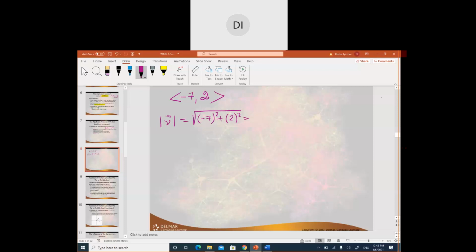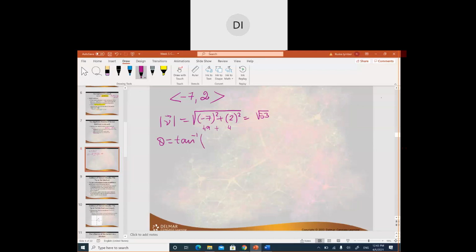So I have 49 and 4. When you add 49 plus 4, it's 53, right? So it's the square root of 53. This is the magnitude of the vector. Now we need to find that angle theta, which is tangent inverse.